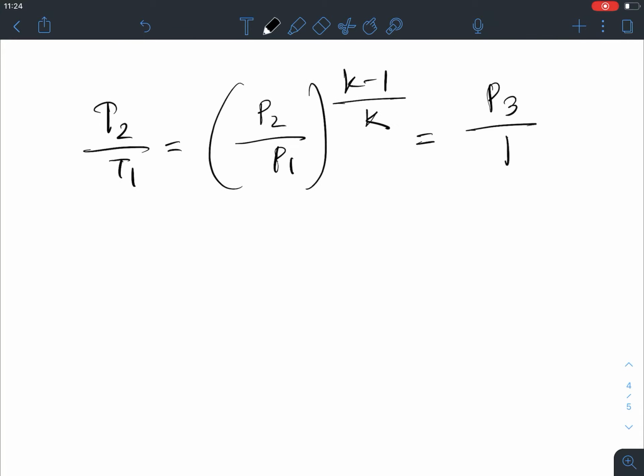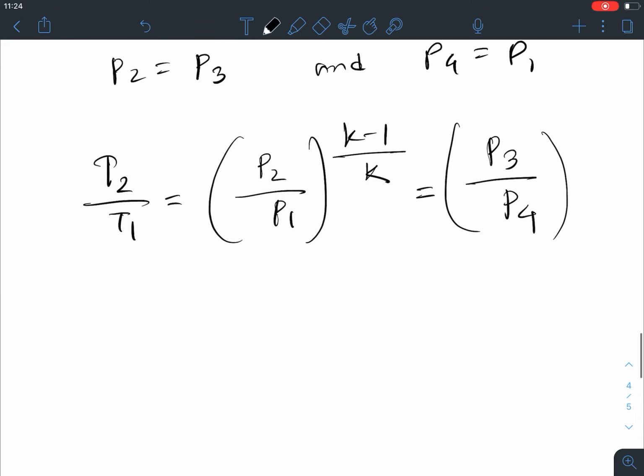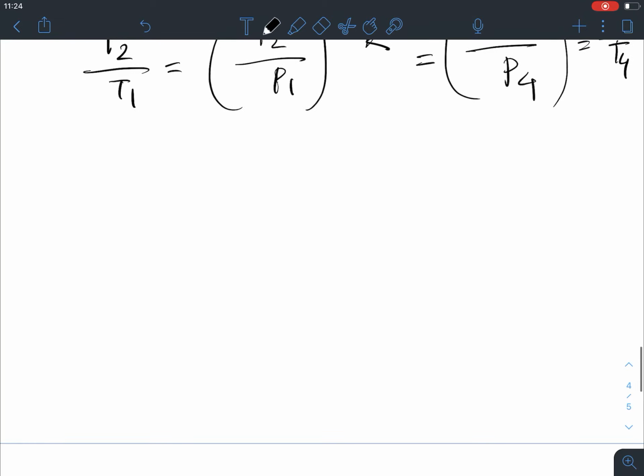So now we know the relationship: T2 divided by T1 for process 1 to 2 will be (P2 over P1) to the power (K minus 1) divided by K, right? And similarly it is P3 divided by P4, because P2 equals P3 and P1 equals P4, to the power (K minus 1) divided by K, which equals T3 divided by T4.